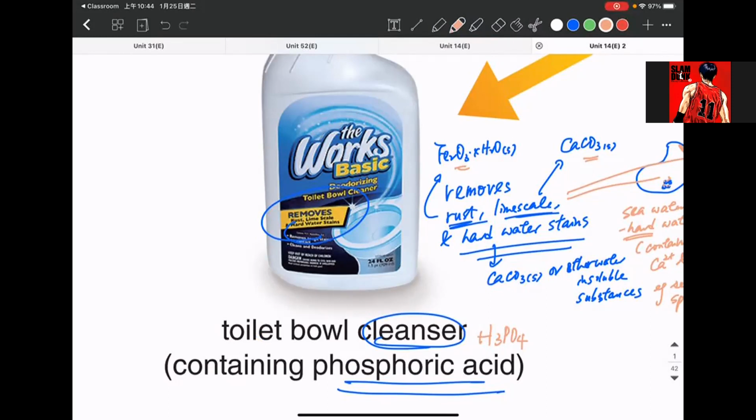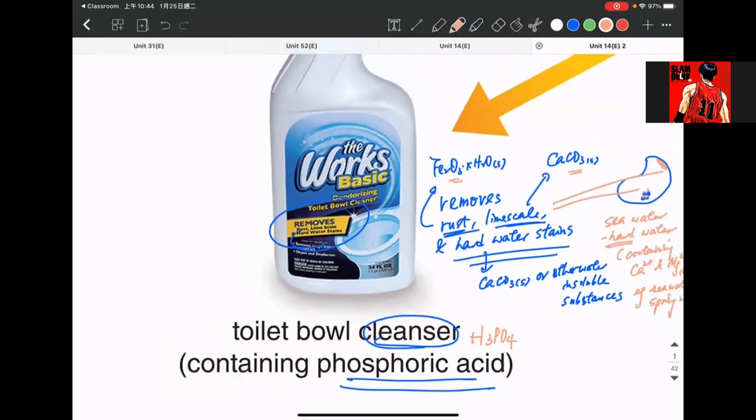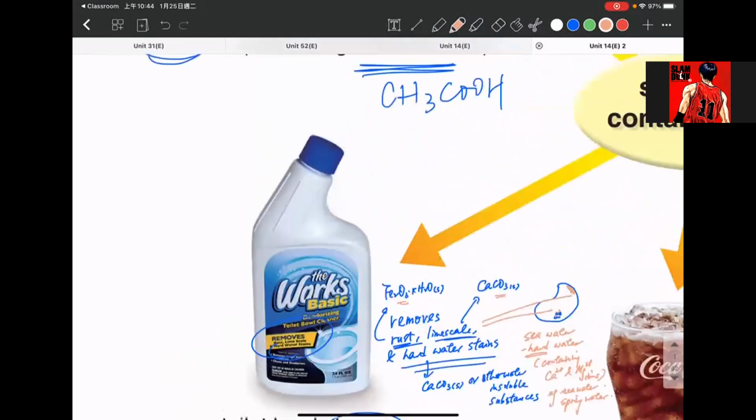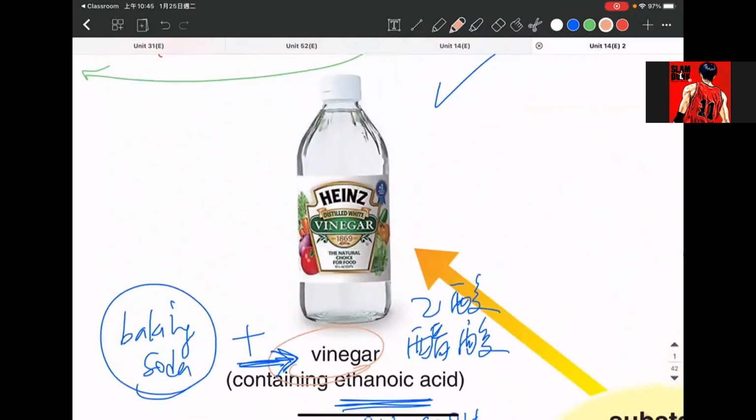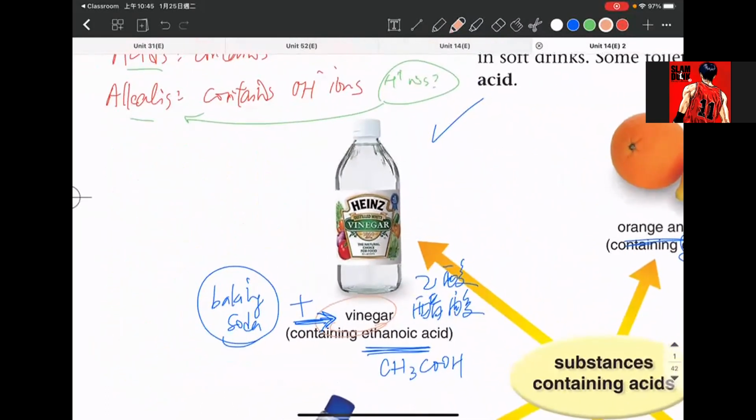So be observant while you help your mom cleaning at home. Be wise to choose the chemical you want. You may use this one, but somebody who wants less damage to the drainage pipe would love to use vinegar instead.